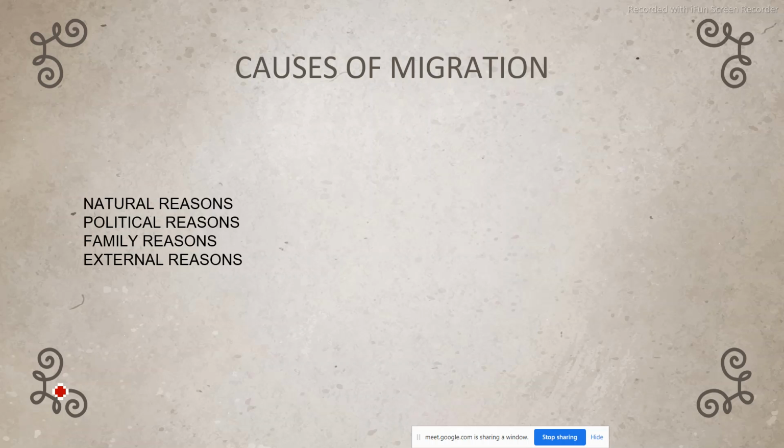Now, do you know what the California gold rush is? Actually, during the 1850s, the 19th century, people from Asian countries like China moved towards California in large numbers. So that was called the period of the California gold rush.